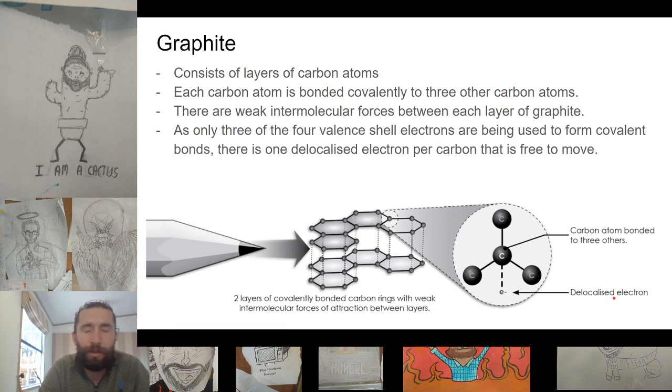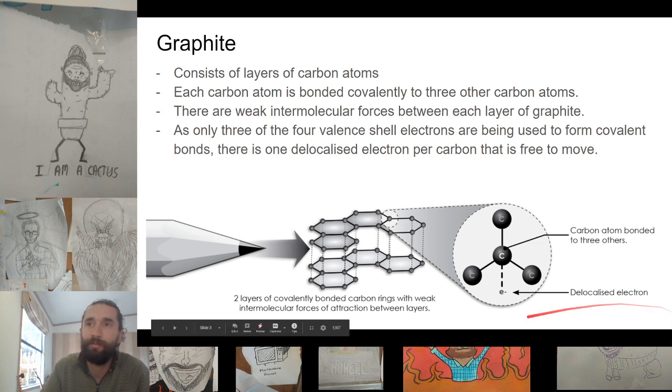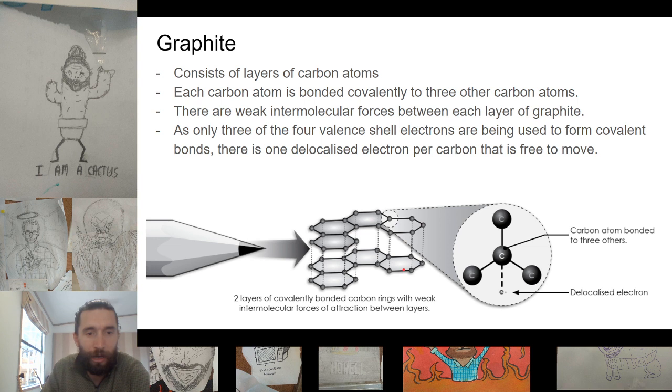And if you remember from the metals, for something to conduct electricity, it needs to have a charged particle which is free to move. So this is a charged electron, it's got a little minus by it, and it's delocalized. So what this means is that graphite can actually conduct electricity. Remind me when we get back to school, get a pencil and put some electricity through it and see what happens. It will conduct it.